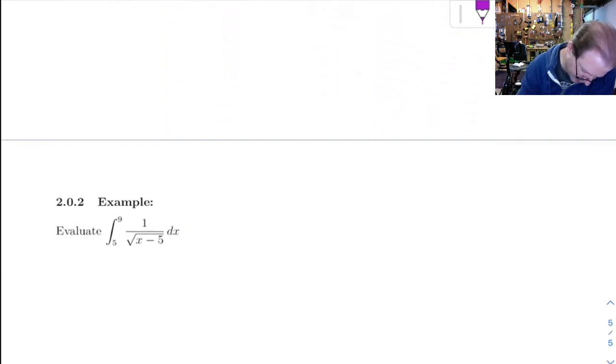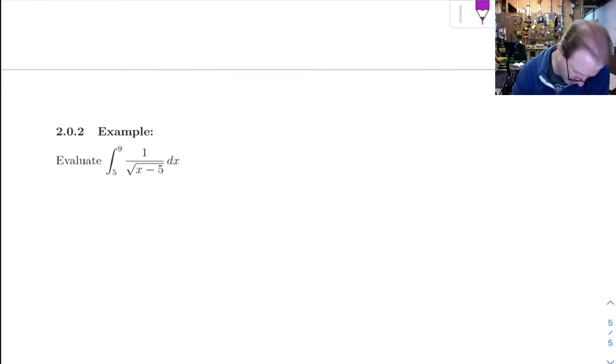Let's look at the next one. This next one, we've got the integral from 5 to 9 of 1 over the square root of x minus 5. Why is it improper? It's improper because if you plug in the 5 here, you get 0 in the denominator.